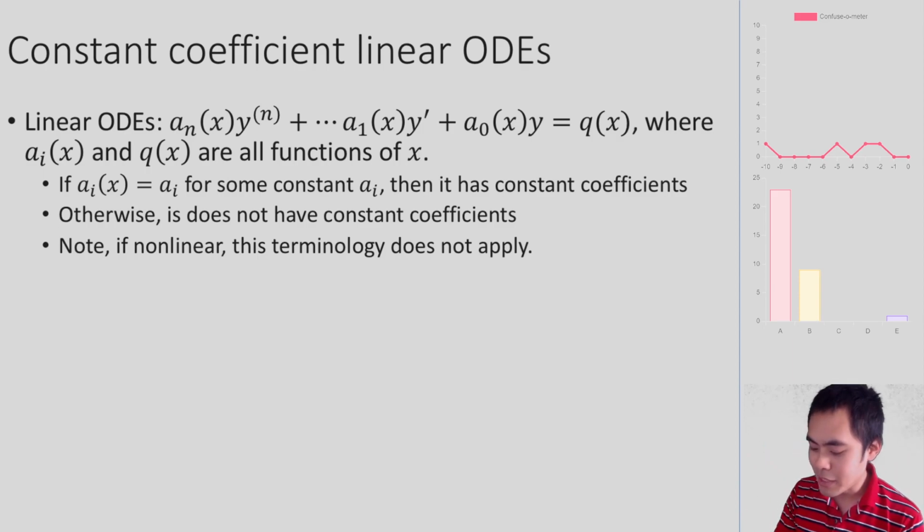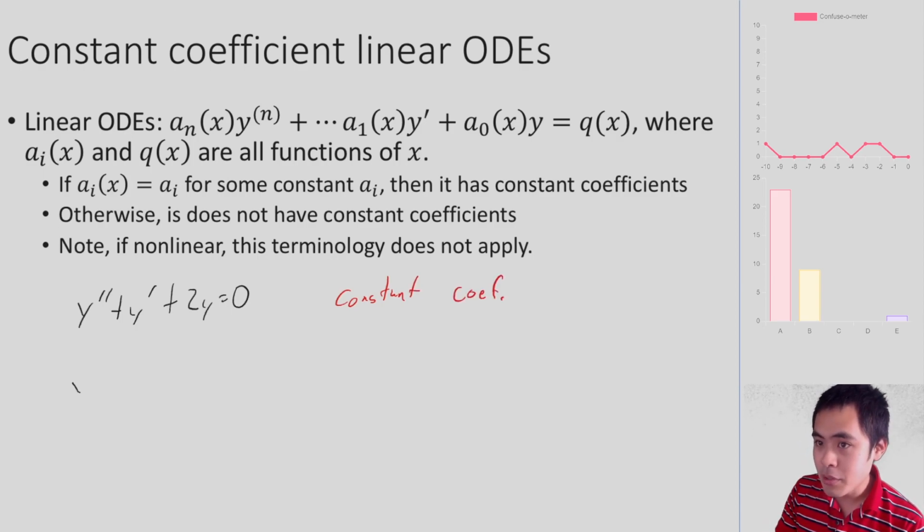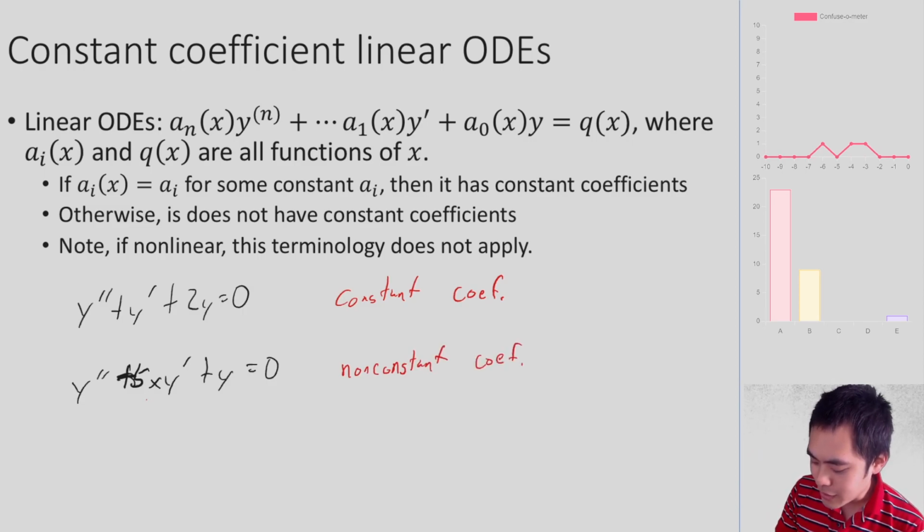A couple examples of this. y double prime plus y prime plus 2y is equal to 0. Well, this has constant coefficients. Similarly, y double prime plus 5x y prime plus y is equal to 0. Well, this has non-constant coefficients because you have this x here.